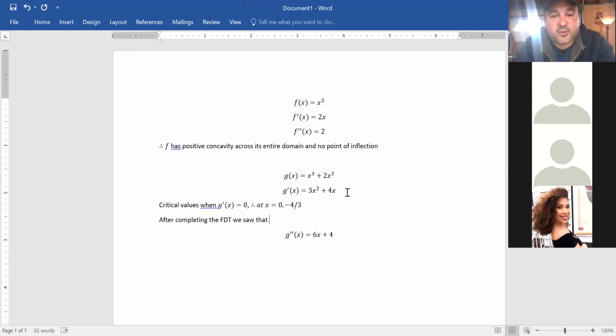After completing the first derivative test, we saw that there was a local max at x equals -4/3 and a local min at x equals 0. So those are things that we took from the first derivative test. If we apply the first derivative test to g prime of x, what that means is we take the derivative of g prime and get the second derivative, and set the second derivative equal to 0.